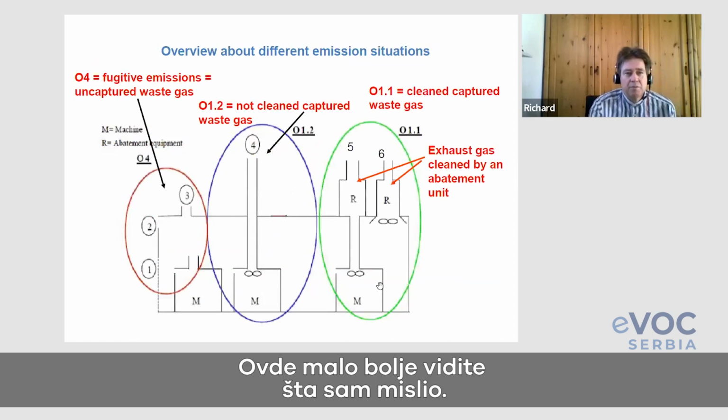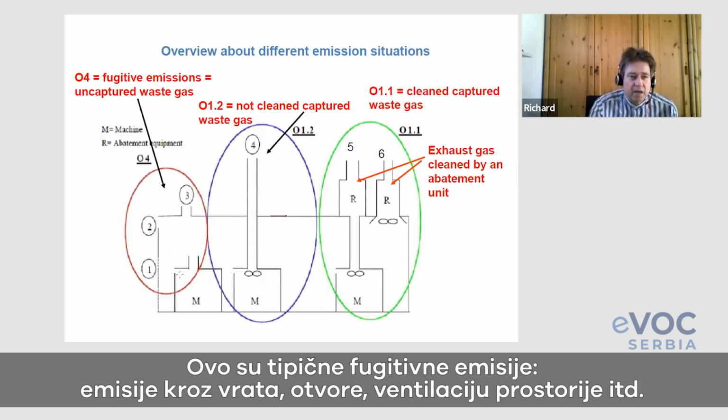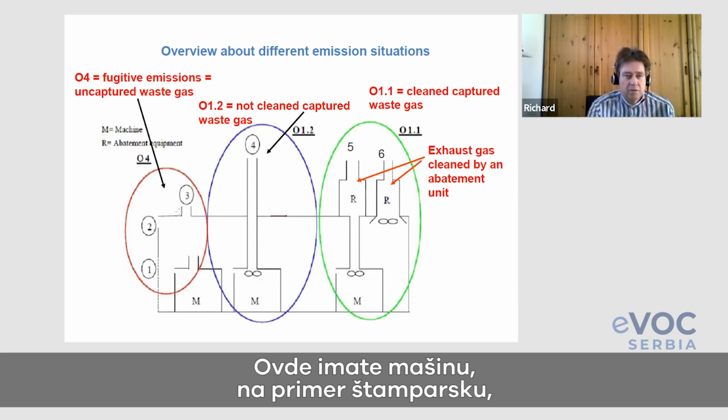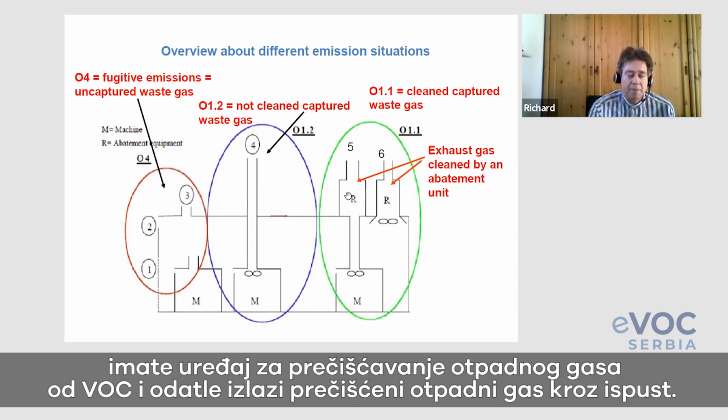Here you see it a little bit better what I mean. You see here that are typically fugitive emissions, emissions from doors, from openings in the installation, from the room ventilation, and so on. Here you have a machine, for example, printing apparatus. You have a abatement cleaning for the waste gases, and you have the stack emission.